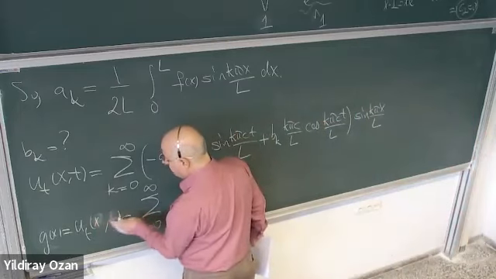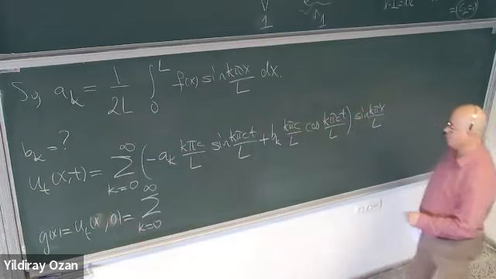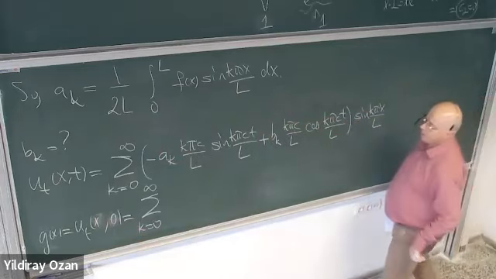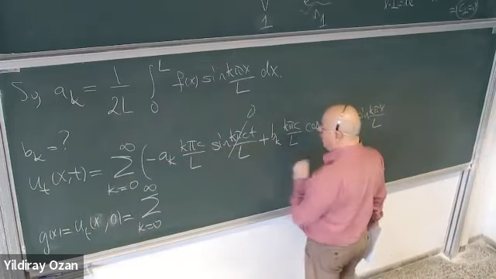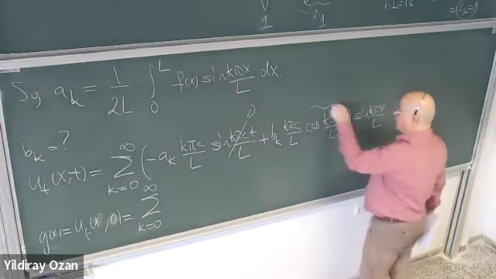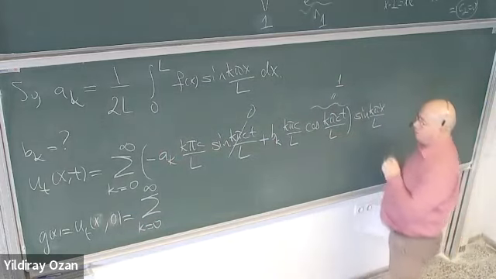This is x, this is 0. The initial condition means t equals 0. So when I plug t equals 0, this becomes 0, so the A_Ks are gone, and cosine 0 is just 1.